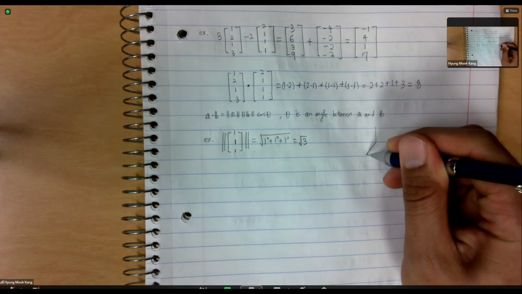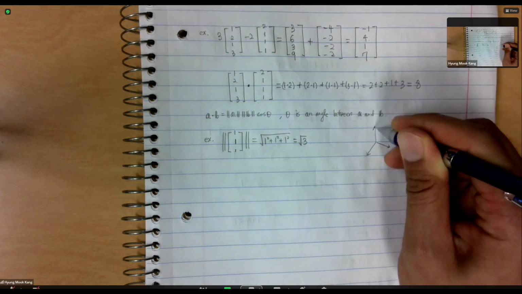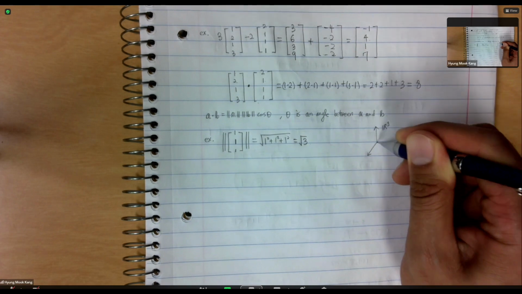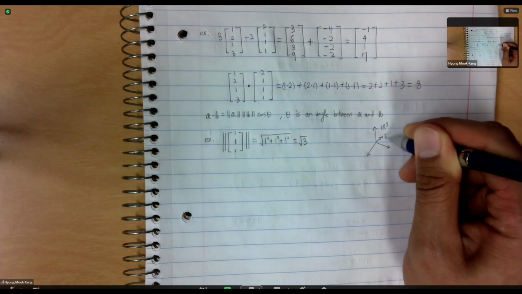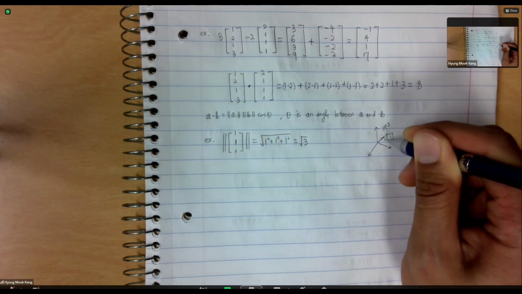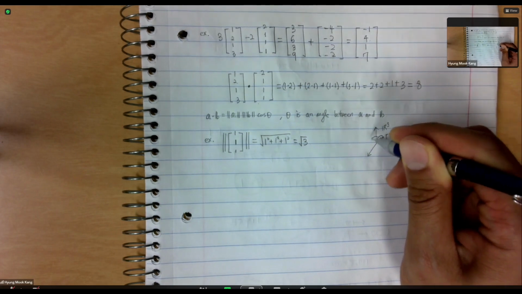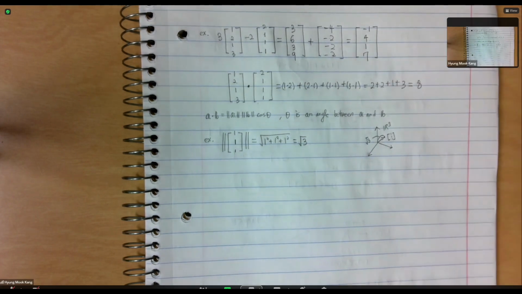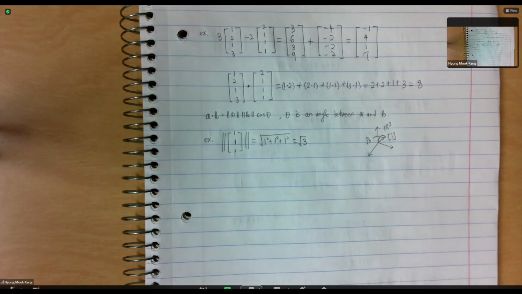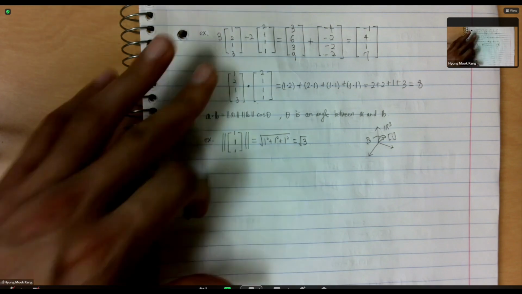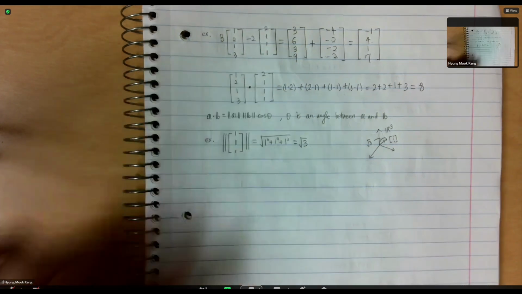Here's R3, and say this vector is 1, 1, 1. The length here is the square root of 3. This applies to R2, and we can generalize it to R4, 5-dimensional cases, and get all these lengths.